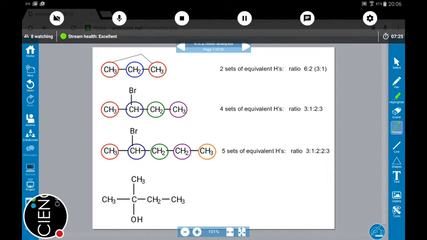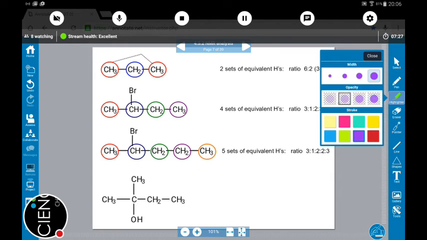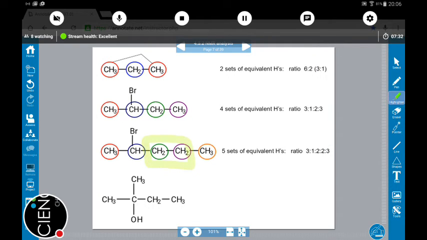Now I just want to focus very briefly on this bit here, which has got 2 CH2s. Now one could argue that the CH2 here is actually the same as the CH2 here, but it's not, because this CH2 is next to a CH3 and this CH2 is only next to a CH.